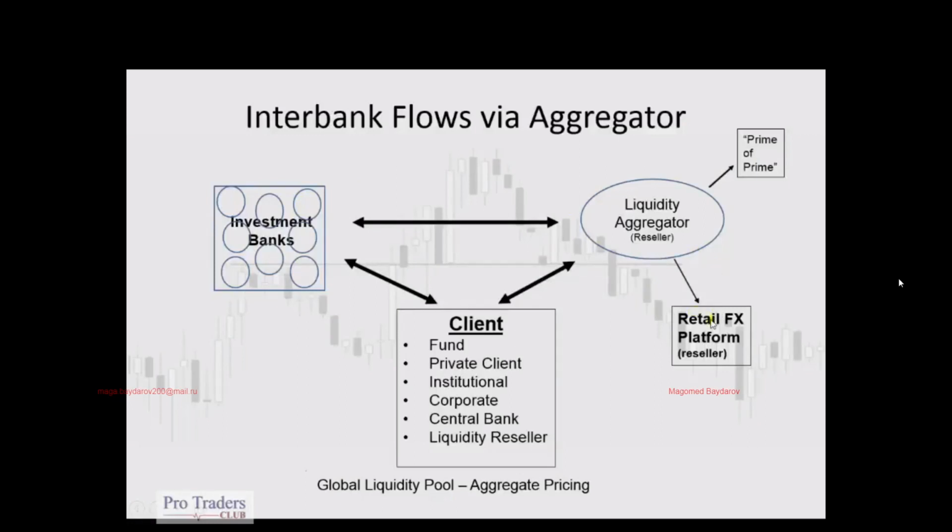But what happens here is with every transaction between, for example, the retail platform and the Liquidity Aggregator, there's fees that need to get worked in between the aggregator and the investment banks. The fees need to be accounted for, and so therefore each independent retail platform will design algorithms that will lend to optimizing transaction volume and revenue.